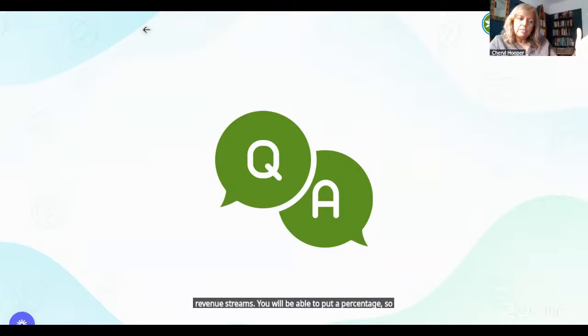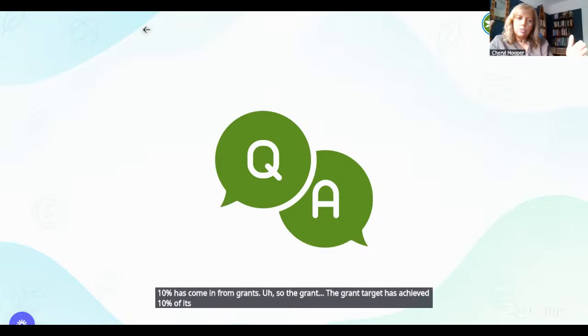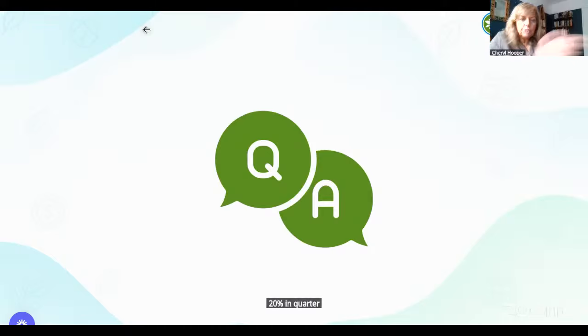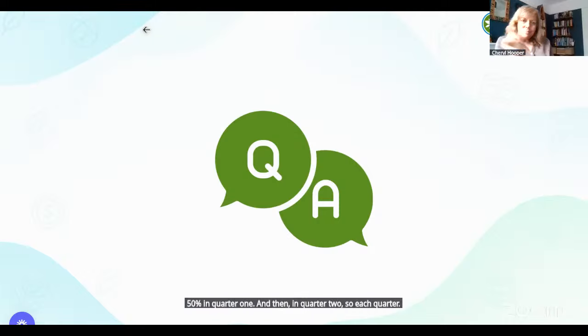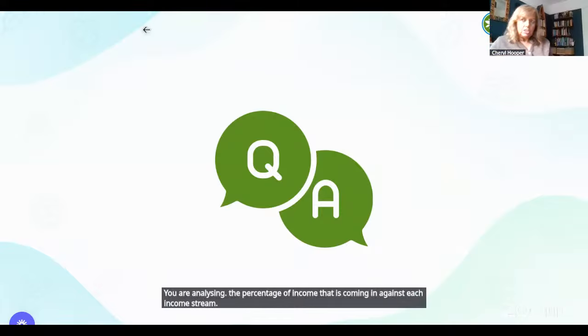You might find 10% has come in from grants, so the grant target has achieved 10% of its target in quarter one. The individual target has received 20% in quarter one, and the community fundraising target has raised 50% in quarter one. And then in quarter two, each quarter you are analysing the percentage of income that is coming in against each income stream to the end of the year.